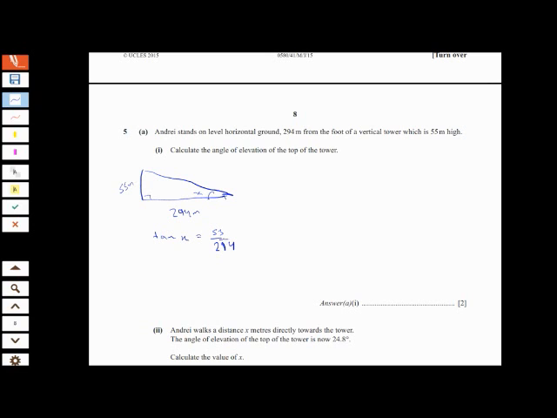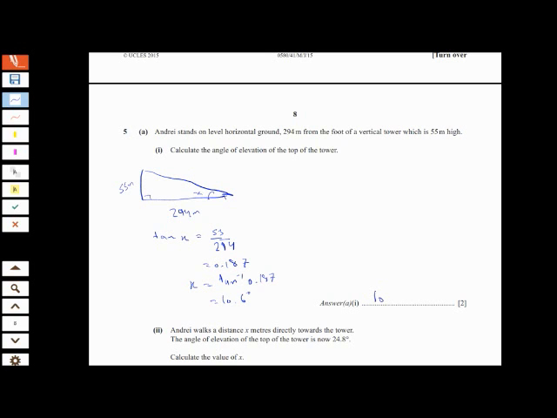And that would equal 0.187. And then in order to find x, you'll take tan inverse of 0.187, and you'll get 10.6 degrees. And remember here, make sure that your calculator is not on radian mode, it's on degrees, to find the answer, 10.6 degrees.